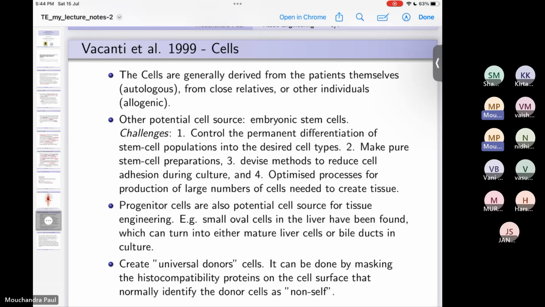Also, methods need to be devised to reduce cell adhesion during culture. It depends on the cell type. I'm not saying that you don't adhere your cells, but if the cells need to be adhered, you need to. But reduce in the sense that sometimes the integrin receptors on the cell surface have the ECM proteins attached to them.